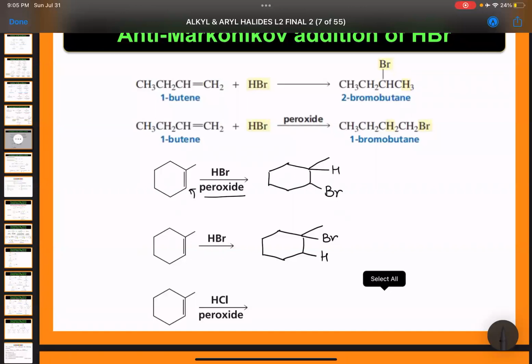Intermediate form, Samaya, in this reaction? Is the intermediate going to be this one?